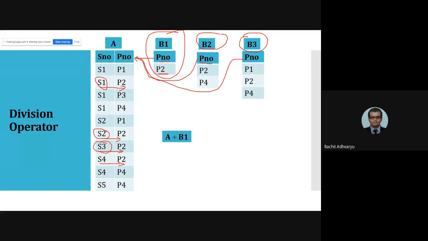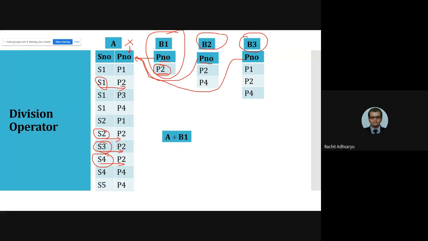That means we are going to pick up the remaining columns' values from table 1 after division. Again, I am repeating: A divided by B1 means we are first checking where this particular value lies in table 1. So this value lies at these 4 positions, right? And now, what is the column name that is common in both the tables? That is PNO, this one. So we are going to discard it.